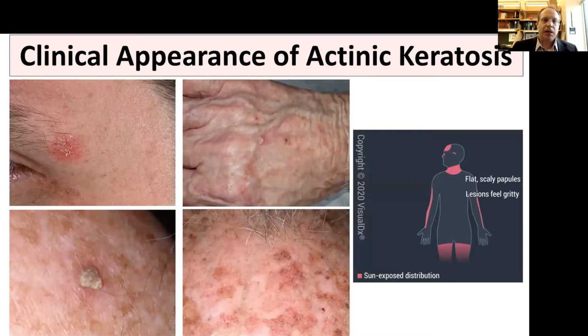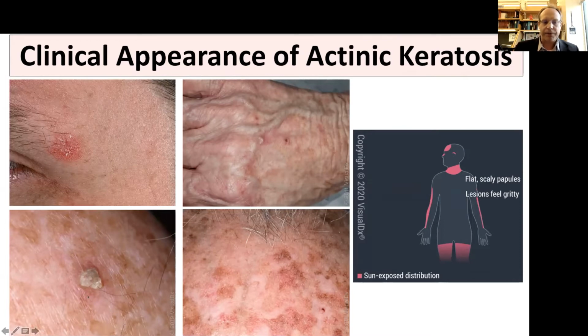So let's take a look at what actinic keratoses look like. Here's just a few clinical images to familiarize people with what they look like. In the upper left, we see a reddish brown scaly papule on the left temple. In the upper right, we see a pink papule with more hyperkeratotic white scale overlying on the dorsal hand.